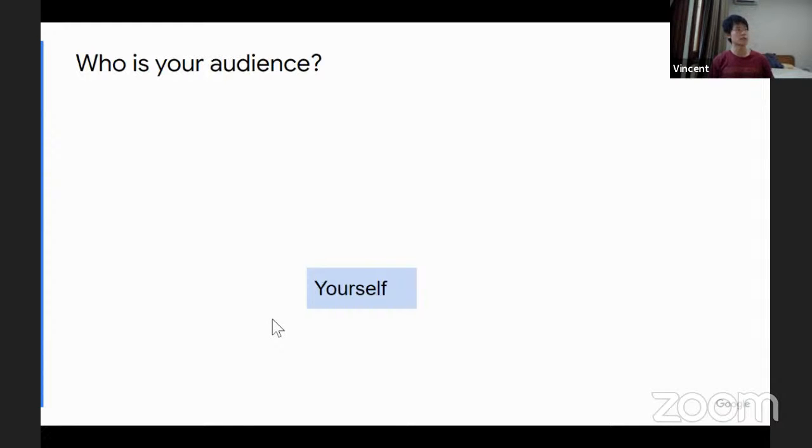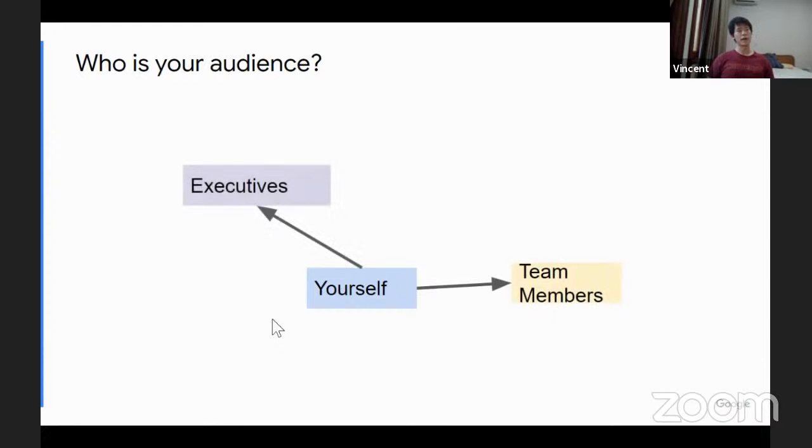The very first one is yourself, right? You will be your very first audience. The second one will be your team members, your colleagues. The third one will be your executives, which means a manager or maybe your higher ups. They want to understand, for example, how your work will translate to the higher level OKR, objective key results, or the objective of the larger umbrella team.